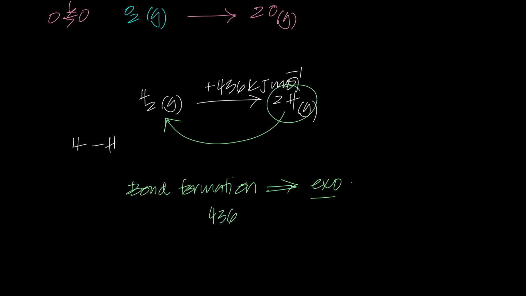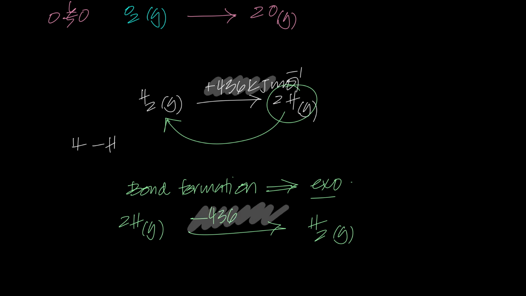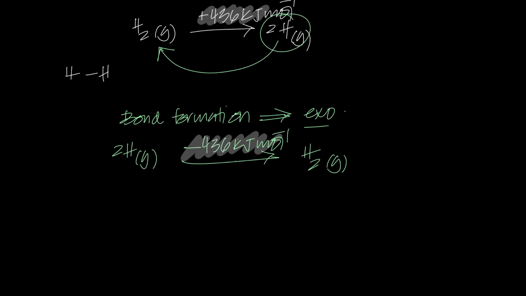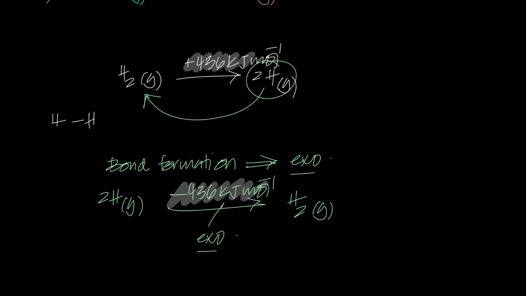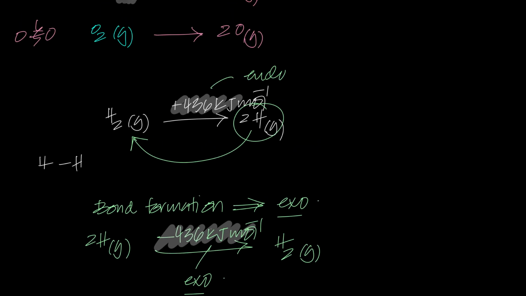If I form a bond between 2 hydrogen gaseous atoms and form H2, the energy given out would be the same in magnitude. This is plus 436, and that would be minus 436 kilojoule per mole. So the magnitude is the same, but the sign is different because bond formation is exothermic and bond breaking is endothermic. But bond enthalpy by nature is endothermic.